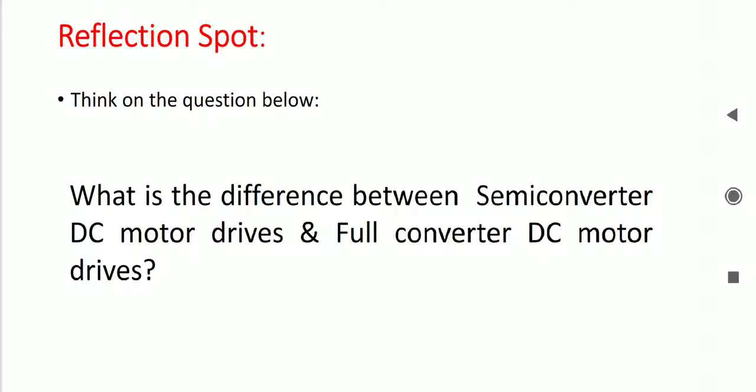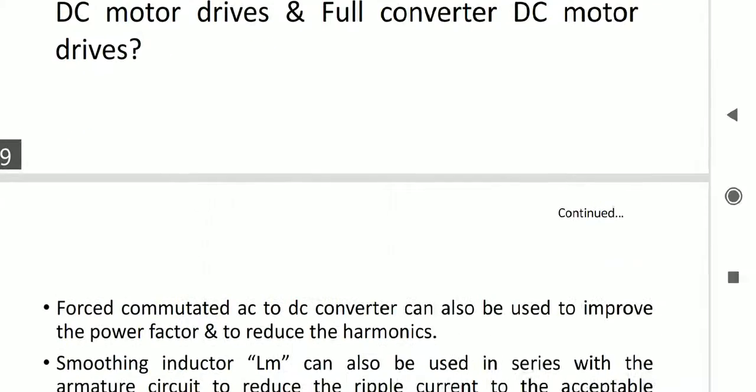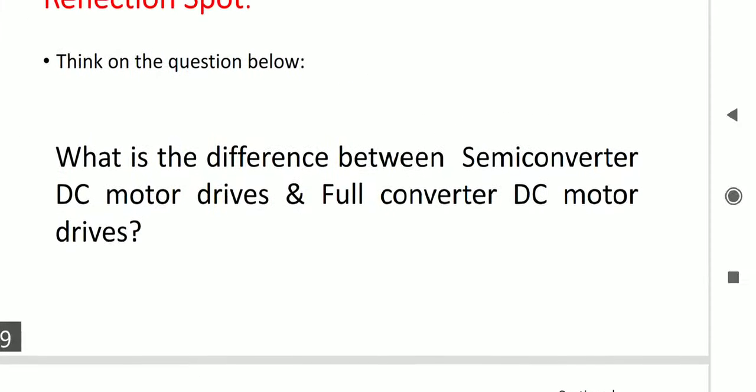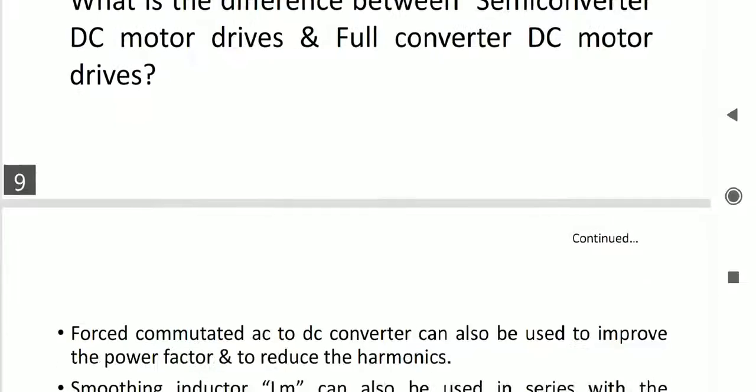Third, the supply current waveform for the semi-converter and full converter. So refer to the waveforms given in the presentation and answer the question below. I think you have got a clear idea of the differences between the two converters.